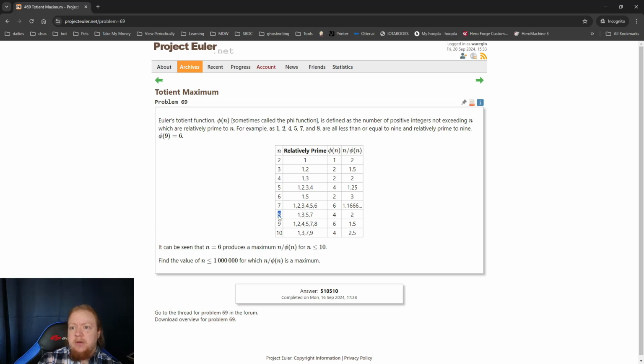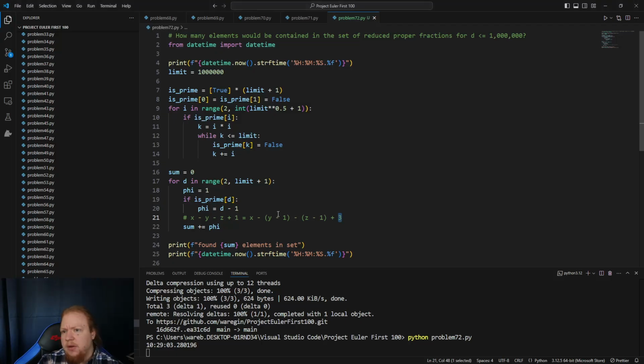So 8 has the factors 2, 2, and 2. So the phi of all of those is 1. So it would be 8 minus 3. Well, that just leads to 8 minus 3 plus 4. So that doesn't quite work. At least I think this would be equivalent.